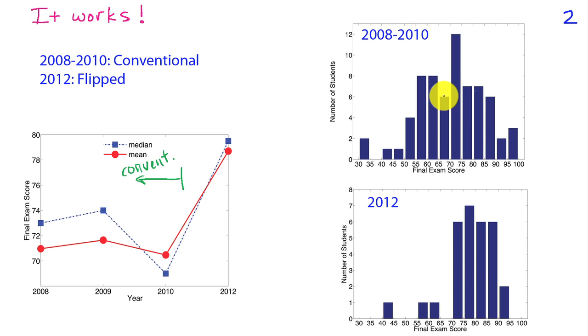So I've shown here the number of students obtaining particular ranges of final exam scores. So this here represents 6 students having attained final exam scores between 65 and 70. And I've pooled all 3 years together in producing this particular graph for 2008 through 2010.